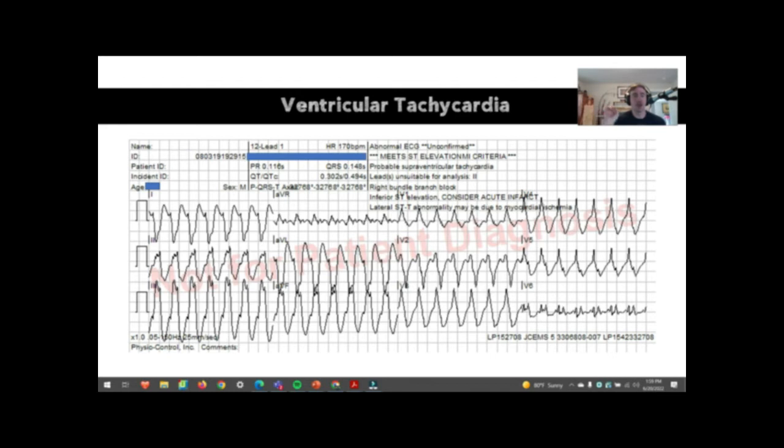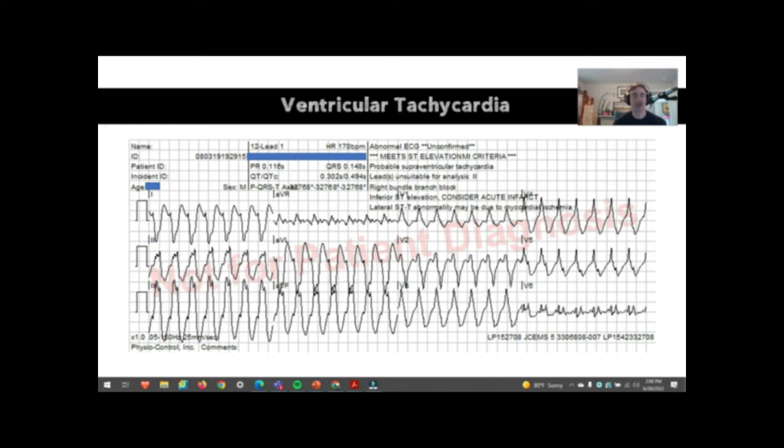The QRS duration is almost 0.15 seconds, or 150 milliseconds if I convert seconds to milliseconds. How do I know this is not a right bundle branch block and that they then go into SVT and it's just wide, fast, and regular because they're in AVNRT and they have a right bundle branch block? I don't, but it's wide, fast, and regular.